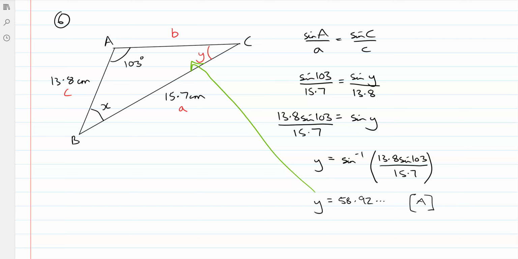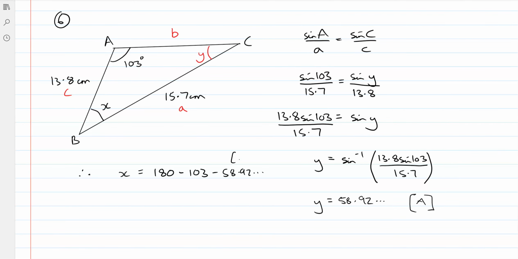So hopefully I can use that, well, not hopefully, I can use that now to find x. So just to finish, I can say, therefore, on this side, x equals 180 minus the other two angles. So minus 103 minus 58.92.